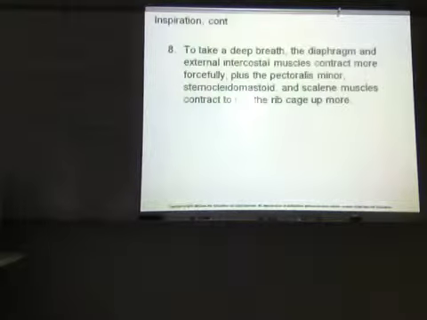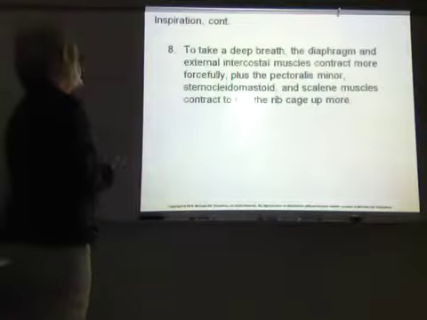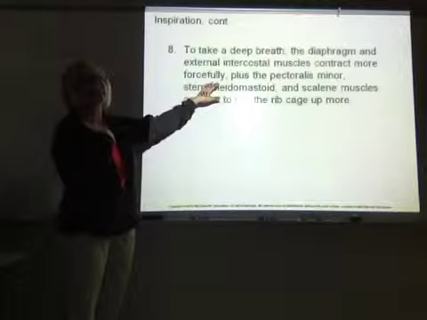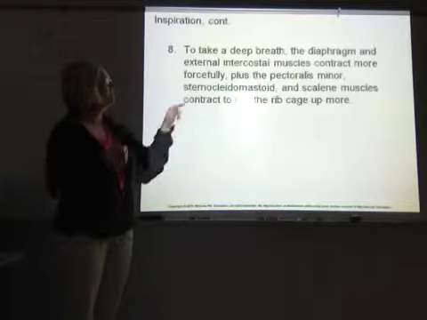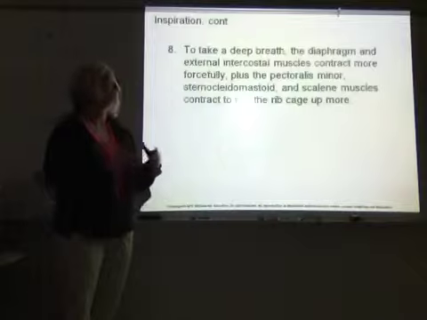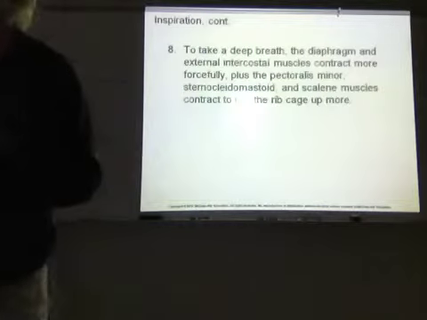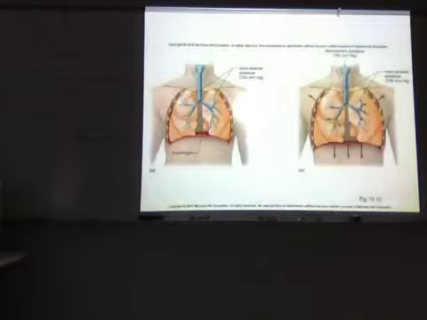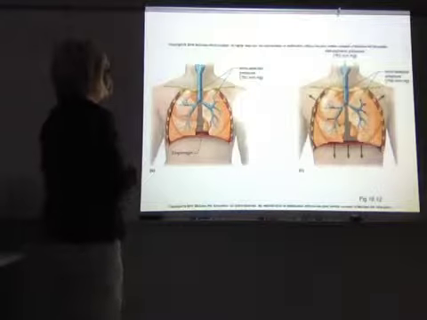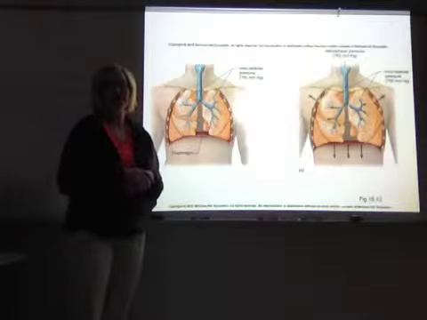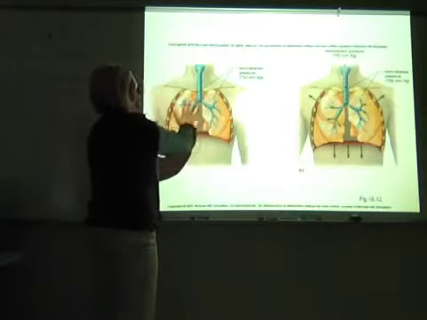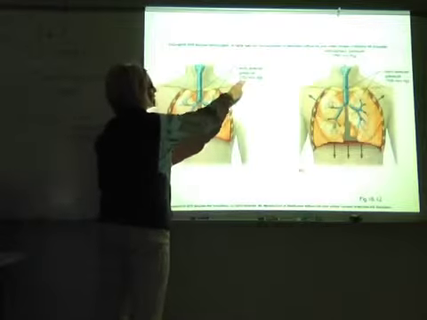When you take a deep breath, the diaphragm and intercostal muscles contract forcefully. Also, a little bit of your pectoralis minor in your chest, sternocleidomastoid, and scalene muscles help to pull the rib cage up more. The main ones, though, are your intercostal muscles and your diaphragm. If you look at a picture, we're not talking big numbers. Here, my inside air pressure is 760.